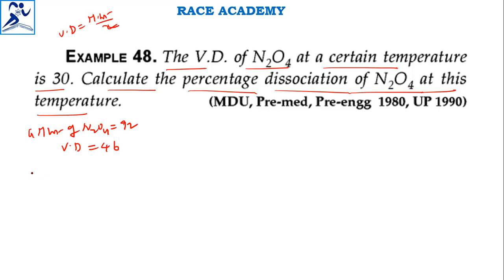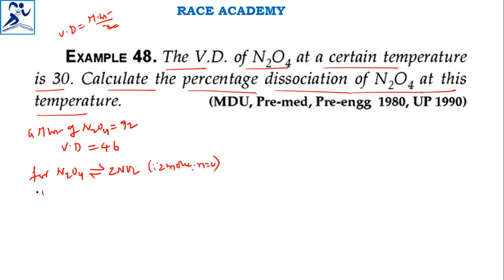And for the equation, dinitrogen tetroxide gives 2NO2. The number of moles obtained after dissociation is 2 moles. So we have to take the number of moles as 2 for the nitrogen dioxide.